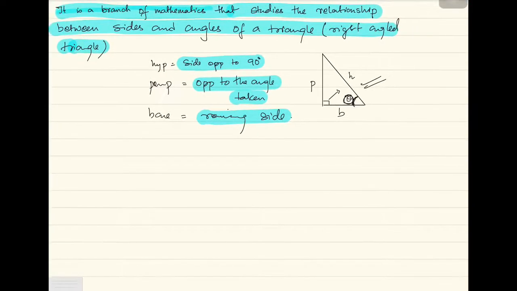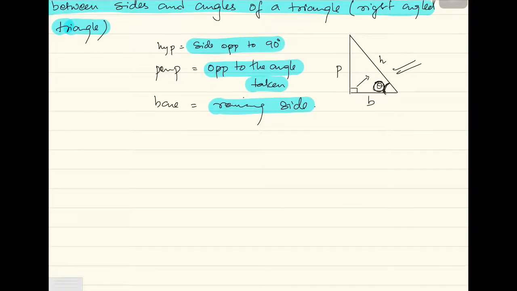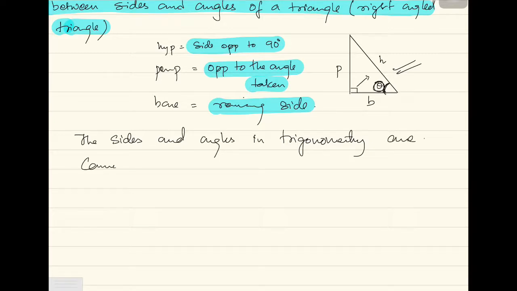Now let's come to how sides and angles are connected. The sides and angles in trigonometry are connected by trigonometric ratios.